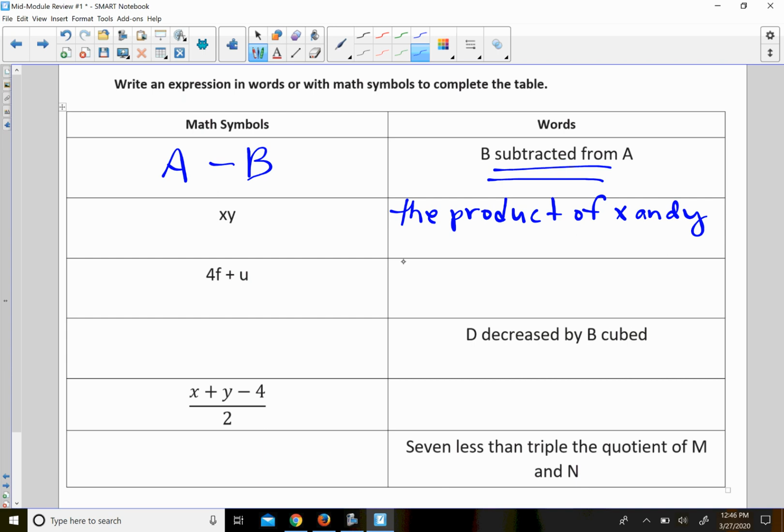So how about this time we say 4 times f, and then addition. We can say plus, added to, how about we go with increased by? 4 times f increased by u.